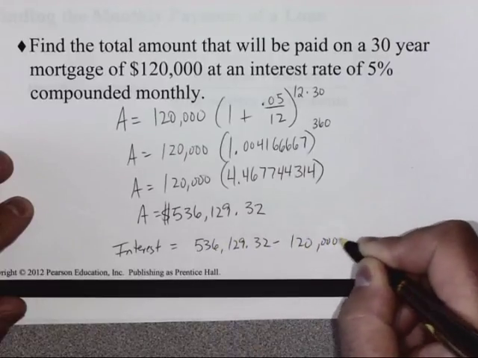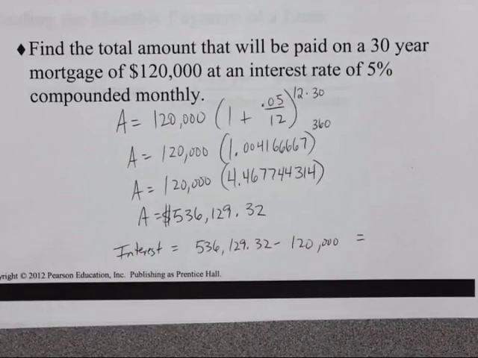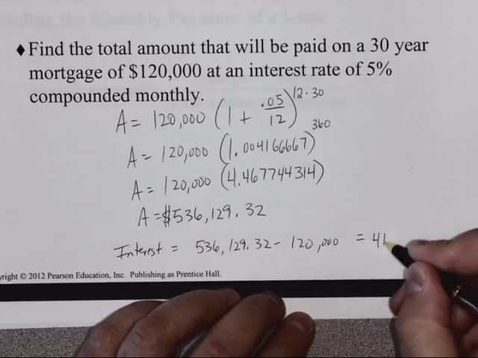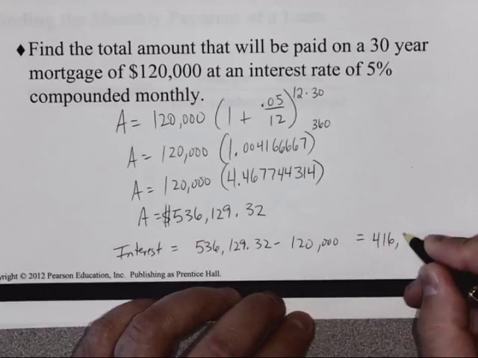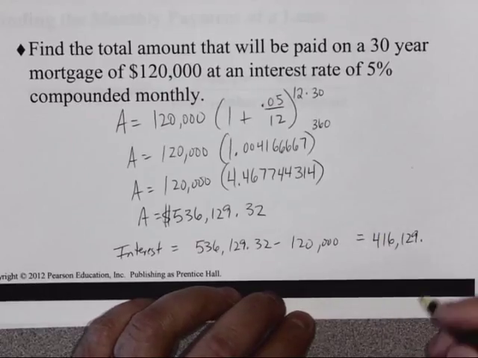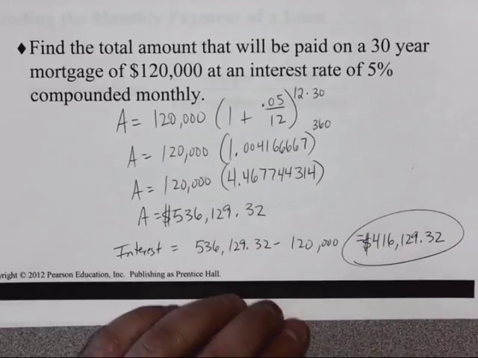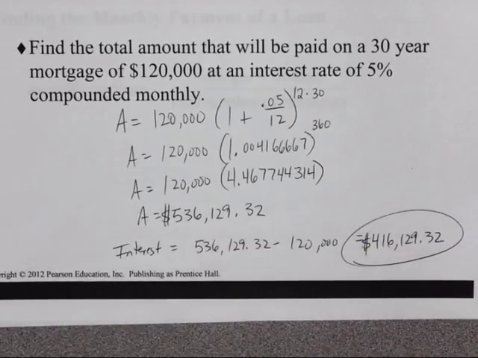Subtract that number and 120,000. And we get $416,129.32 in interest. That's a lot, right? That's a lot more than we paid for the house here.